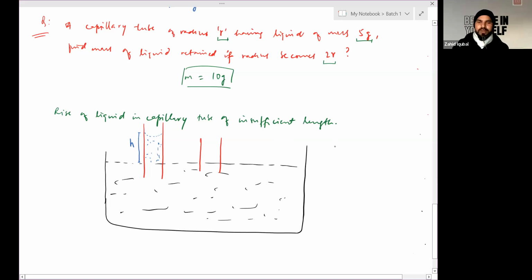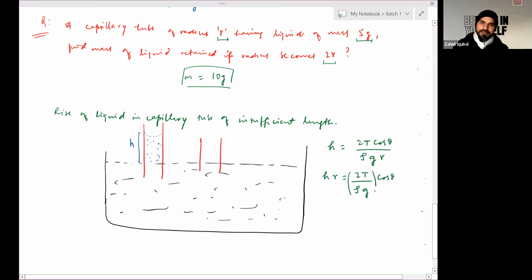Let me explain according to the relation h equals 2T cos theta divided by rho g r. Moving this r to the left side, h into r equals 2T divided by rho into g times cos theta.